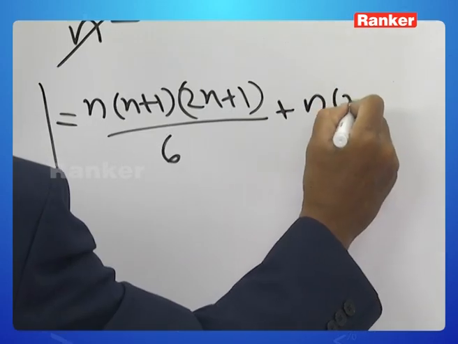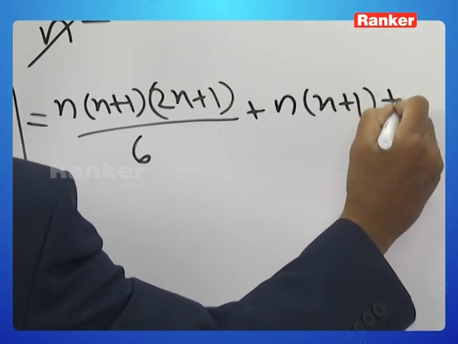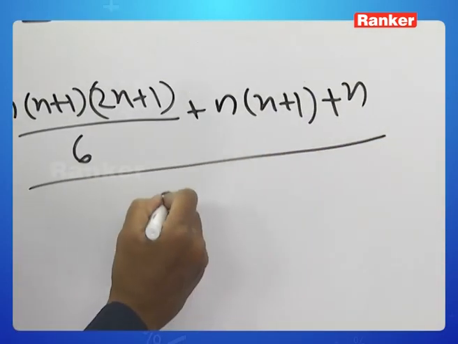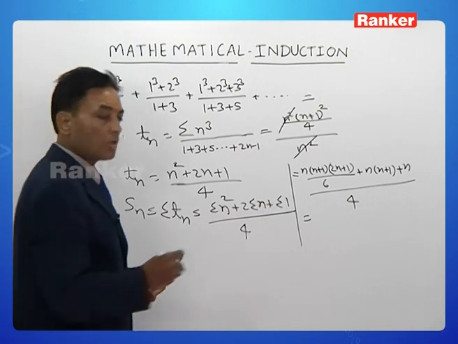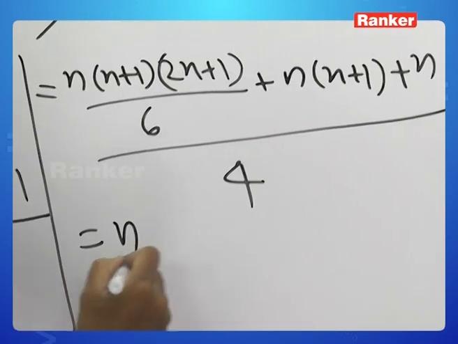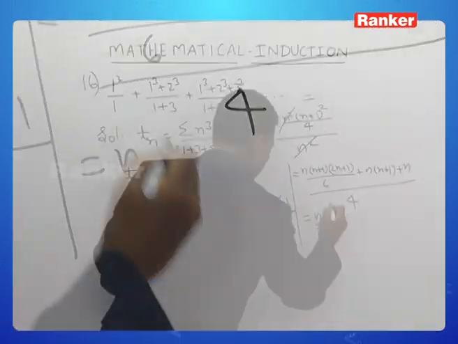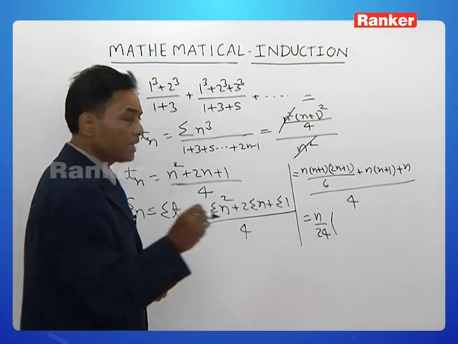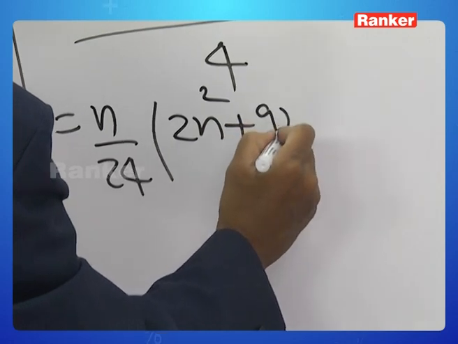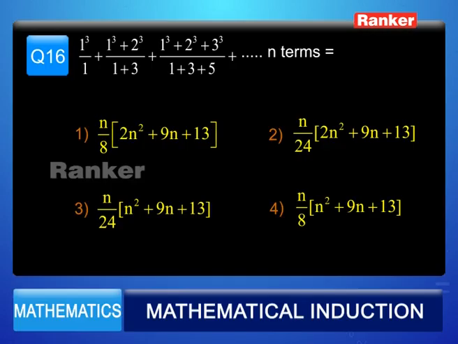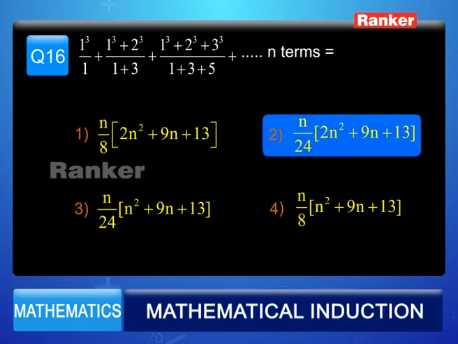So that is n into n plus 1. Sigma 1 n by 4. So we get second option, n by 24 into 2n square plus 9n plus 13 we are getting. Yes, sure. So what is the right answer now? Second option.